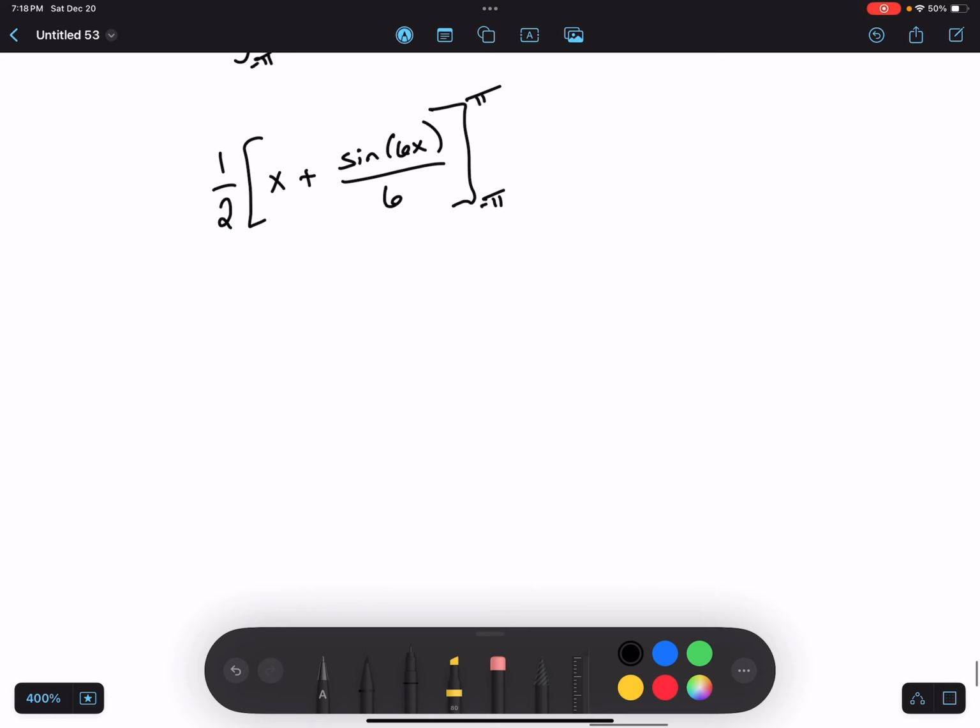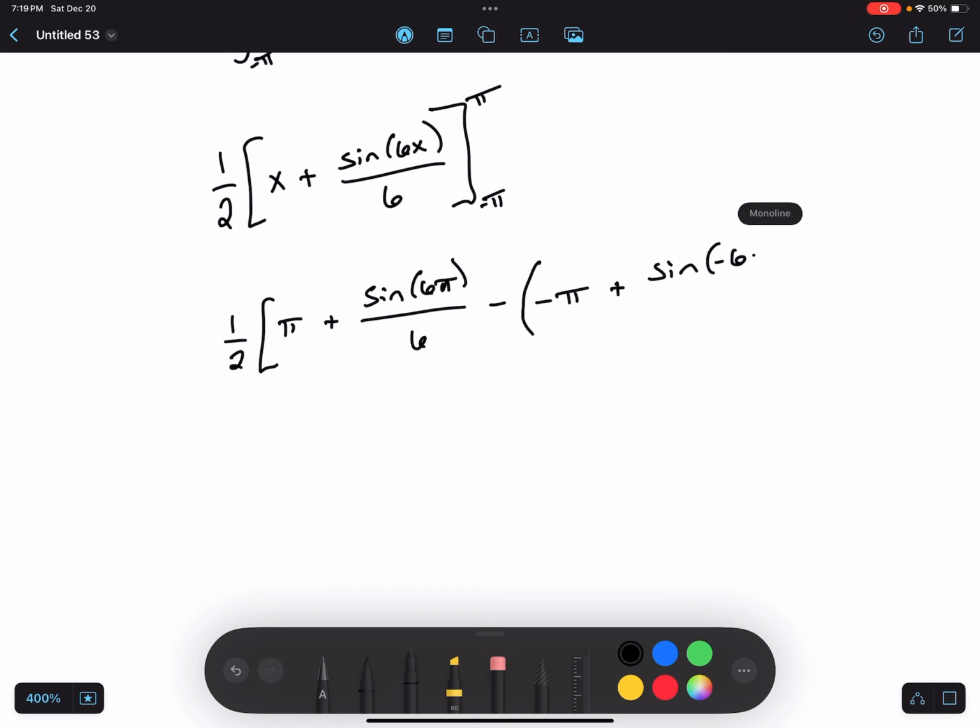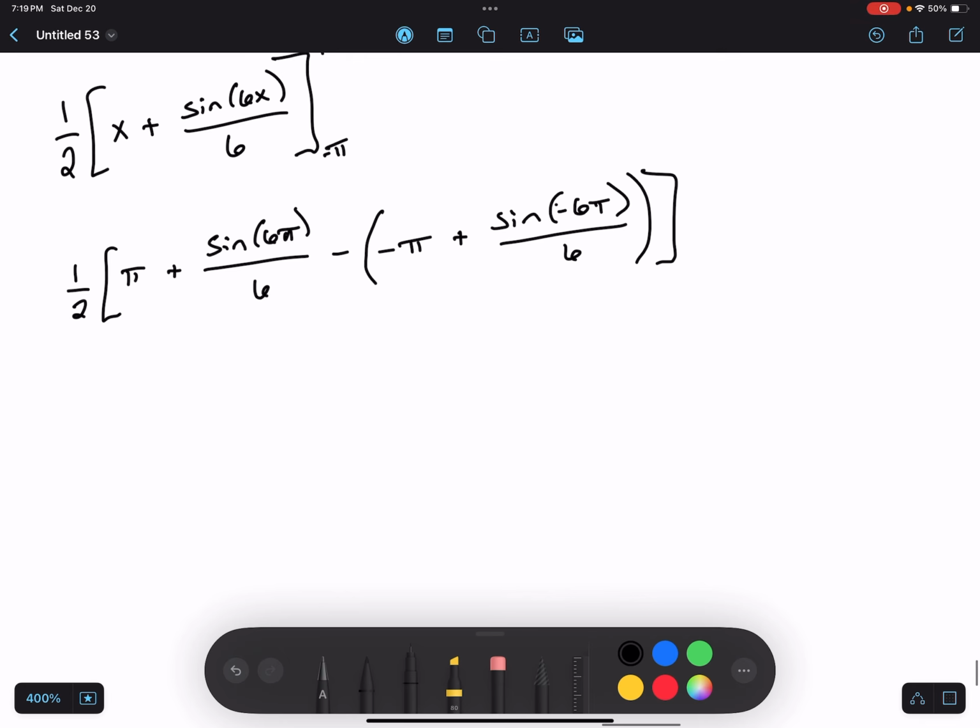Evaluating this, we can say 1/2 times pi plus sine of 6 pi over 6, minus, in parentheses, negative pi plus sine of negative 6 pi over 6. And because we're working with sine here, and sine is an odd function, this negative in the middle actually comes out front.